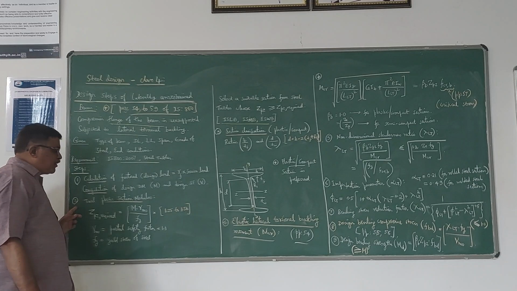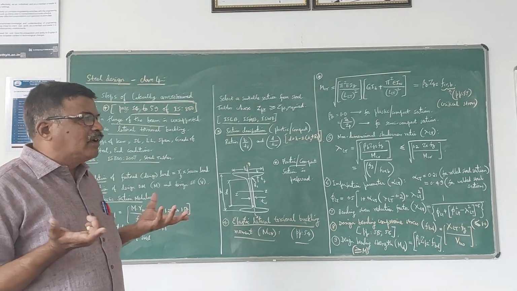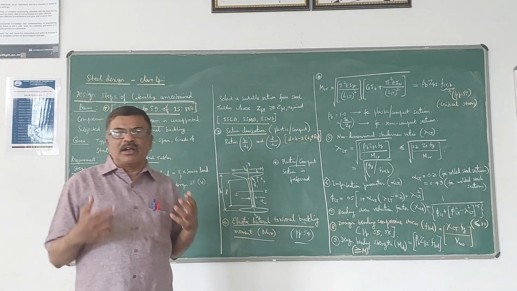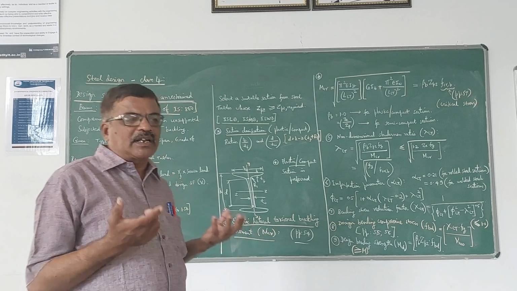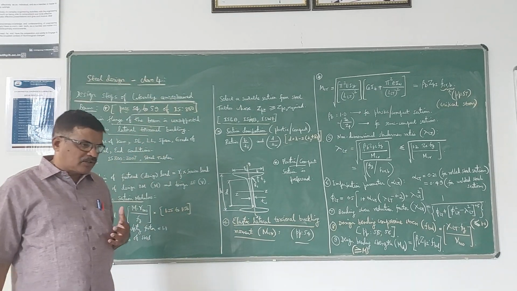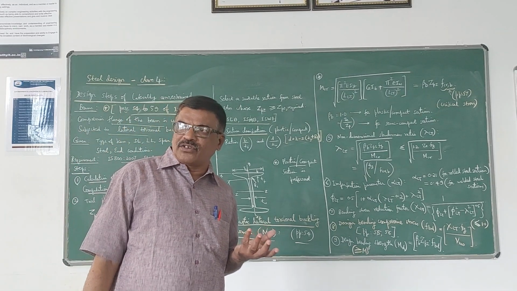Then the second step: we have to assume a trial section. Normally in the case of design, we have two steps: preliminary design and final design. In the preliminary design, we assume a certain section for calculating the bending stress. There is a thumb rule for assuming the trial section, even in RCC also.